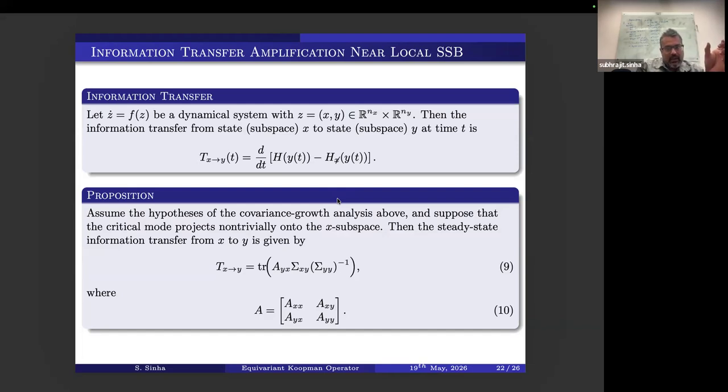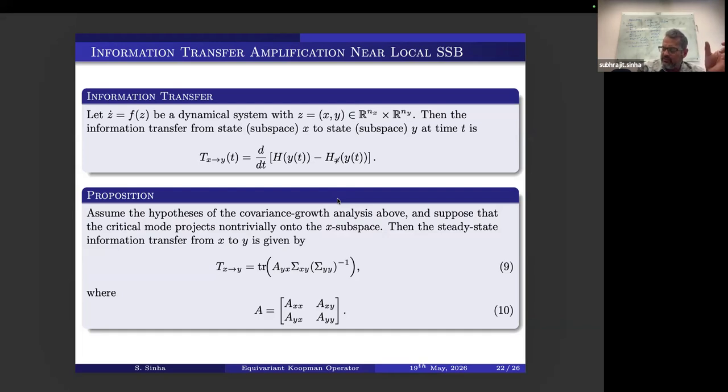You consider the total entropy of the state y at time t plus 1. The total entropy of y at time t plus 1 is the entropy of y when x is not present in the system plus the entropy that is being transferred from x to y. So this is the intuition behind the concept of information flow.